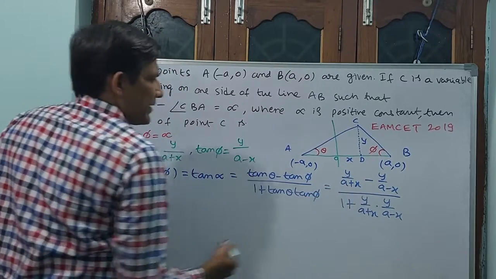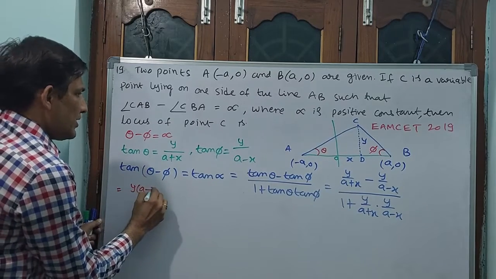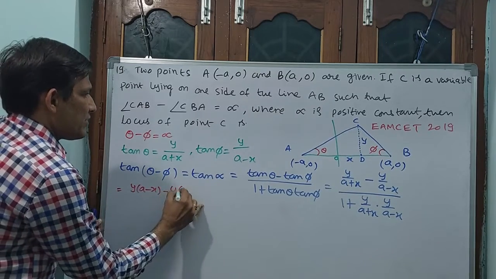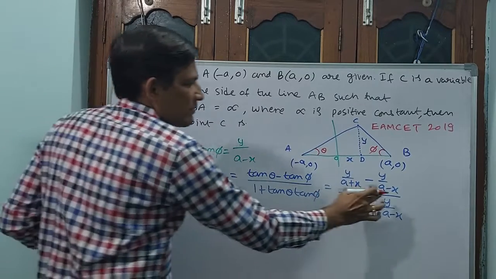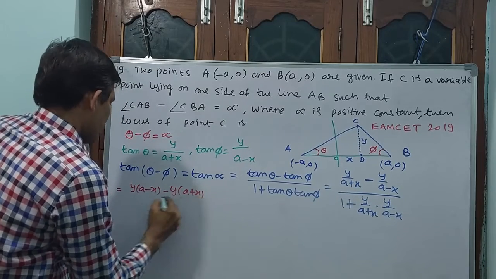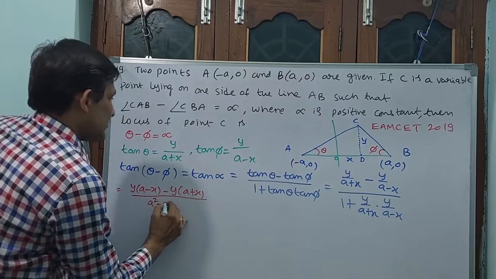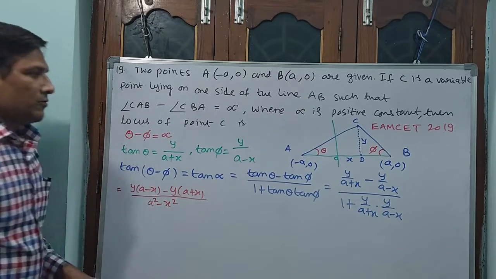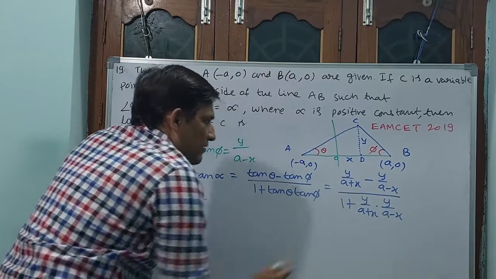You cross multiply: y into (a minus x) minus y into (a plus x), divided by a square minus x square. Here also, a square minus x square plus y square.